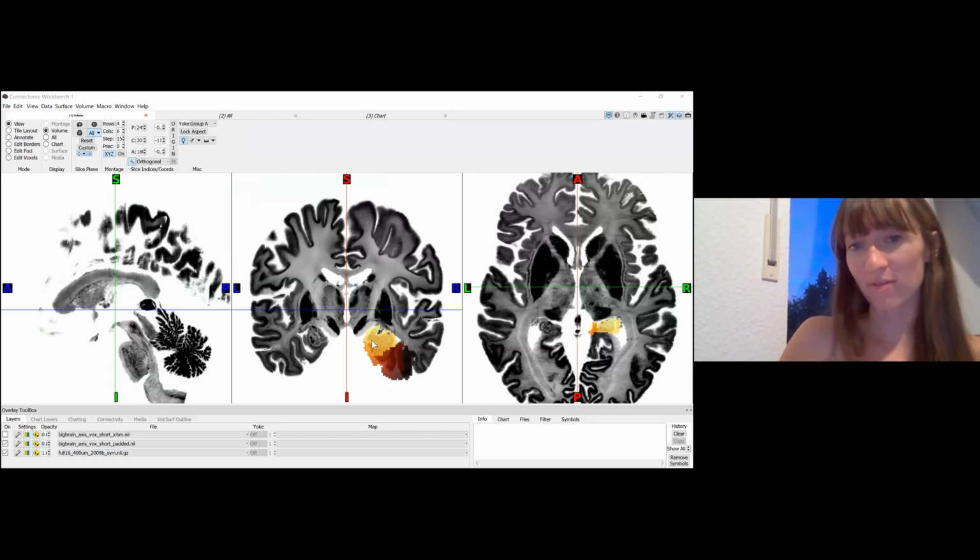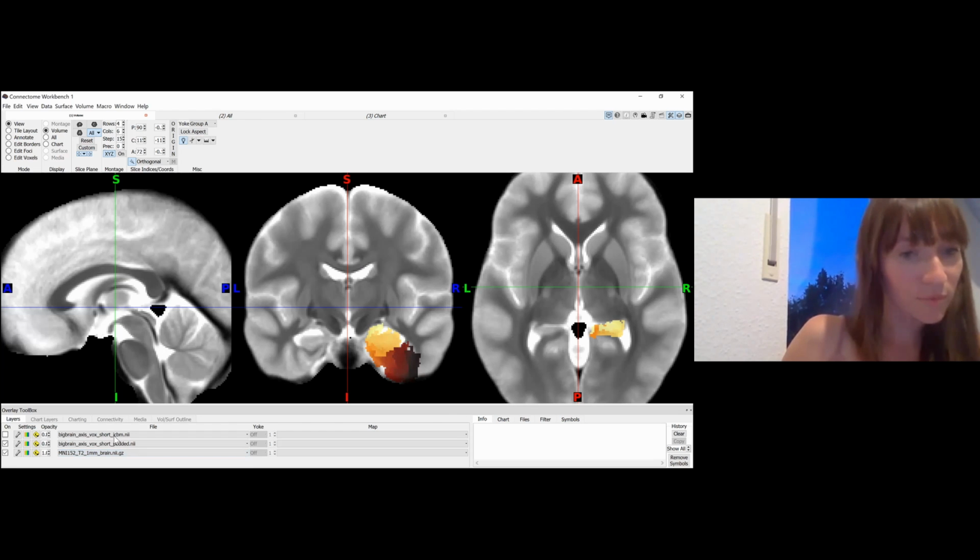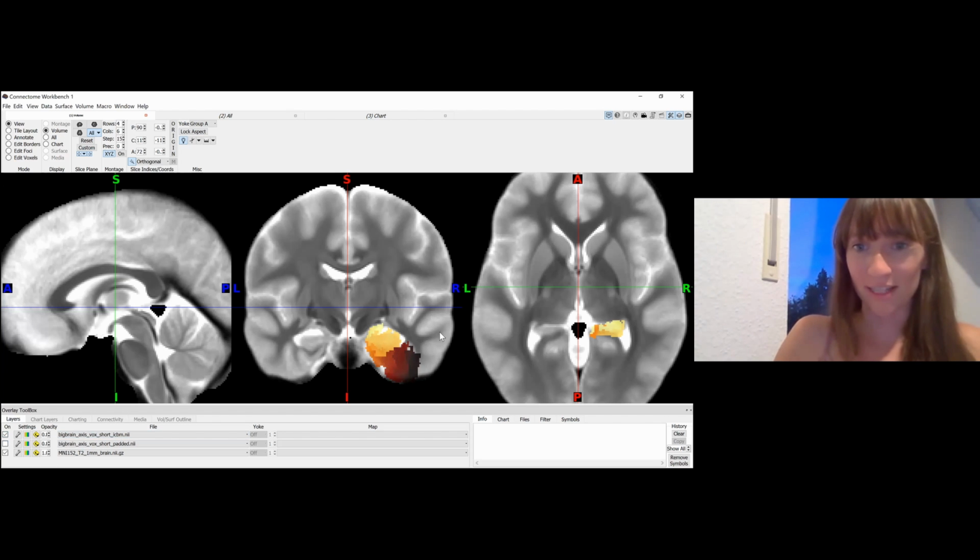And here you have this isocortical axis of the hippocampus. And then we've transformed it to ICBM, and it should look a little bit better aligned because it's just going from BigBrain Sim to ICBM.